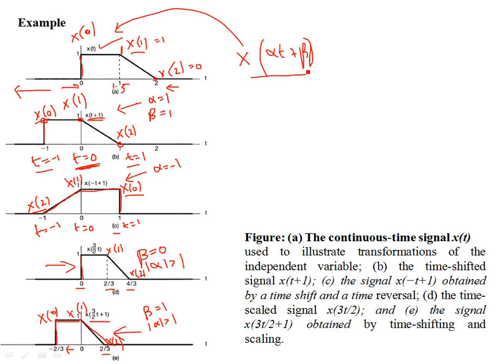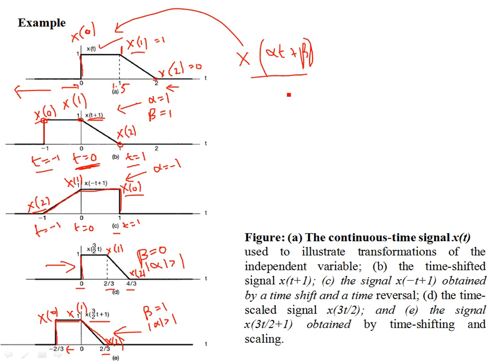Don't get yourself confused in there. Many literatures do that. The best way is to just relate the values of the amplitude under this transformation with the original signal x of t, and you're good to go. You will have an idea how the waveform will look.